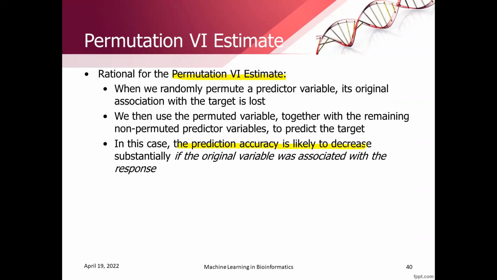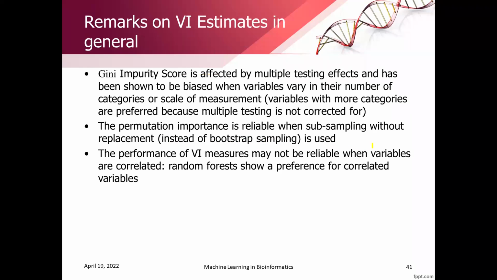So the prediction accuracy is likely to decrease substantially if the attribute was important.